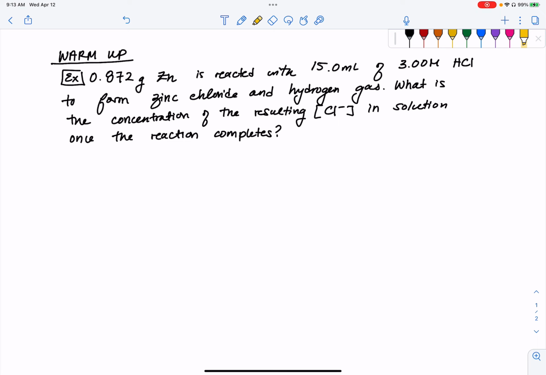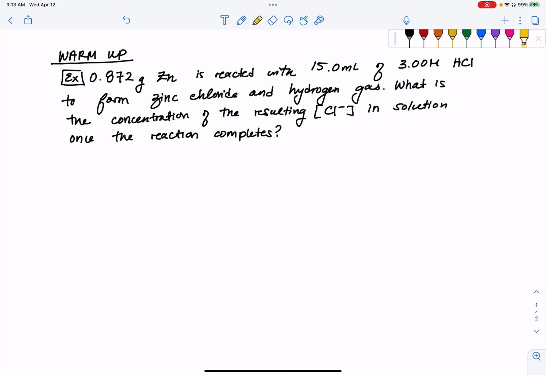So here's the problem. We are told that 0.872 grams of metal zinc solid is reacted with 15 milliliters of 3 molar hydrochloric acid to form zinc chloride and hydrogen gas.